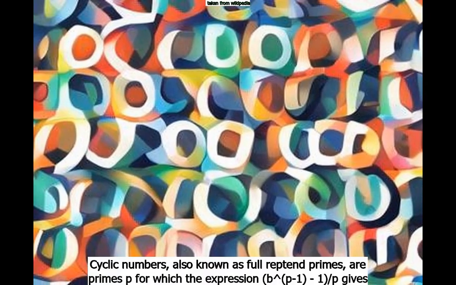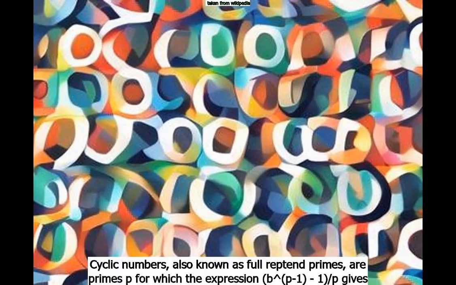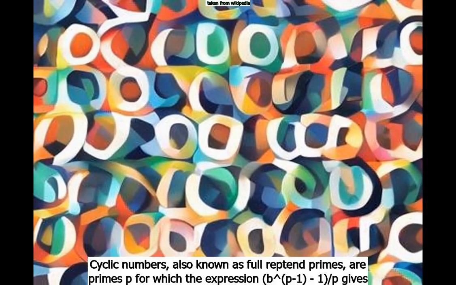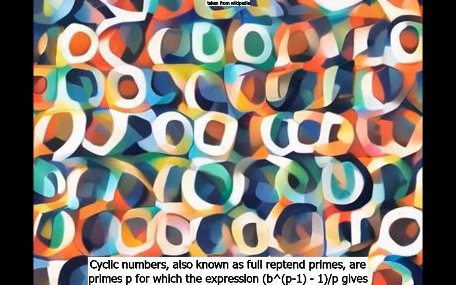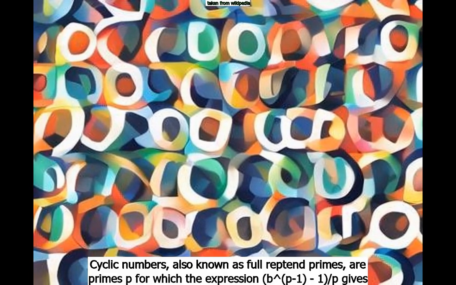Cyclic numbers, also known as full reptend primes, are primes p for which the expression b raised to the power of p minus 1, minus 1, all divided by p, gives a cyclic number in a given base b.